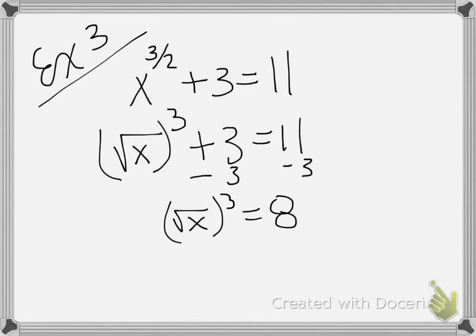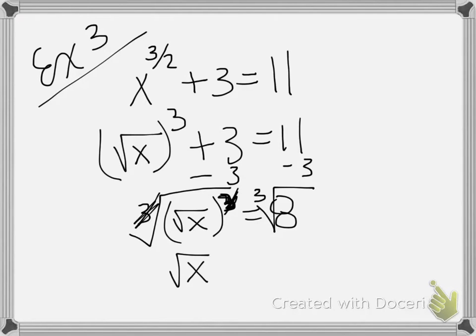So now to get rid of the 3 right here, I'm going to do the cube root on both sides. So the cube and the cube root cancel each other, and I'm left with what's on the inside, which is the square root of x. The cube root of 8 is 2. So now what I have is the square root of x equals 2.